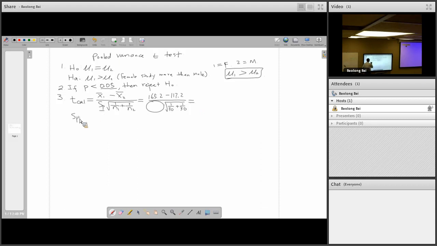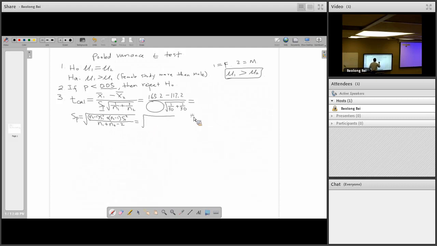So now we go to the pooled standard deviation calculation. It will be a fraction in the square root, and in there is n1 minus 1 times S1 squared plus n2 minus 2... sorry, n2 minus 1 times S2 squared, divided by n1 plus n2 minus 2, right?